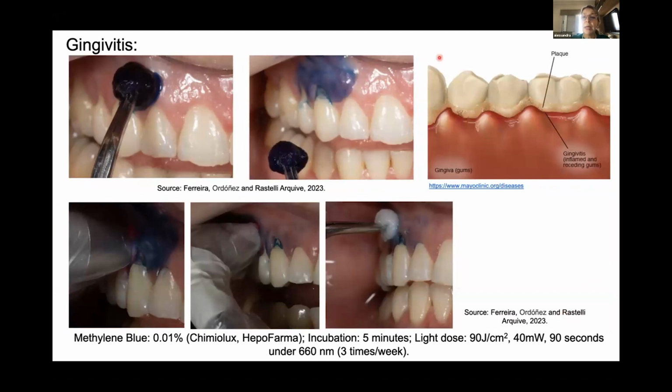This is another application that we have done here, for the treatment of periodontal diseases, as gingivitis is one of the most common periodontal diseases that we can have in the dental offices, and we have many patients here at the School of Dentistry that ask us for treatment.